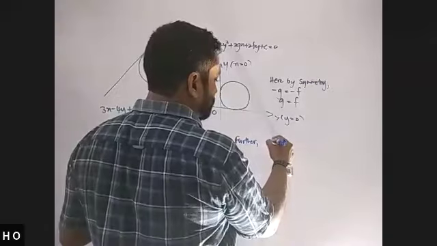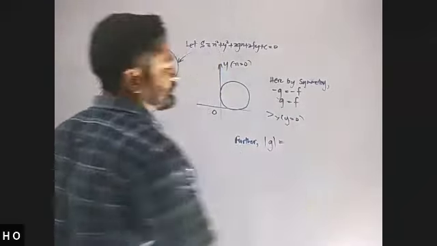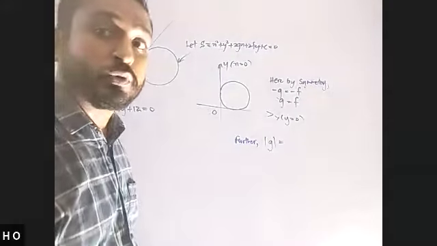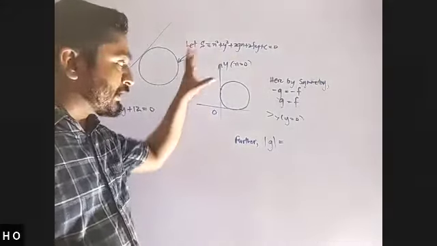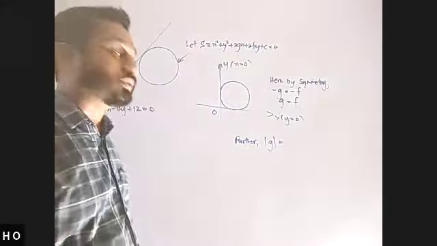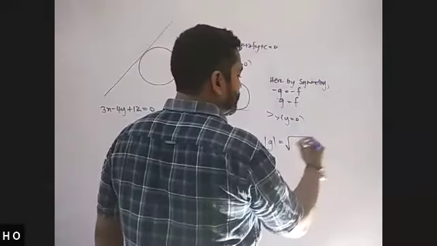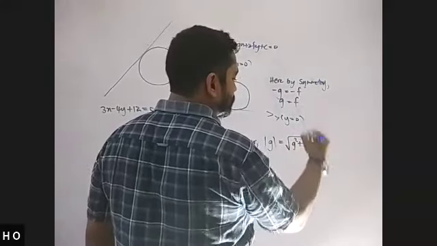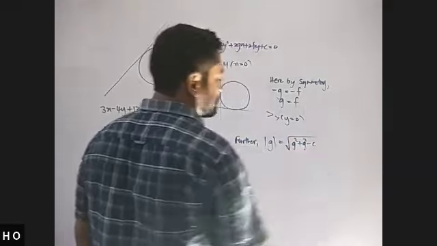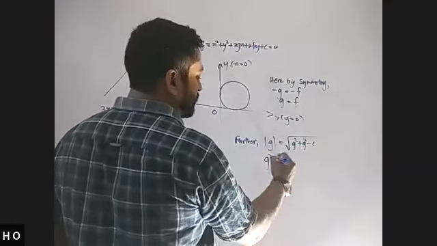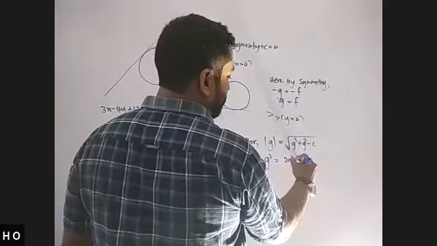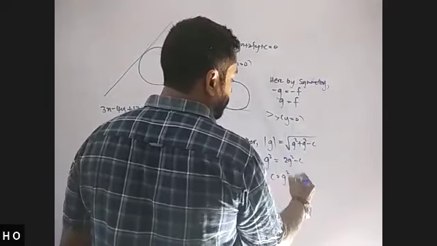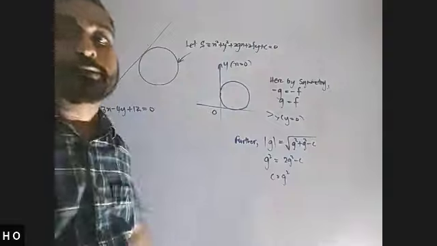So you can say further, modulus of g, regardless of the sign. We don't know about g. We just sketch it to be in the first quadrant, but we never know. So the square root of g squared plus f squared minus c is equal to modulus g. Let us square both the sides. Now you don't need the modulus. 2g squared minus c equals g squared, so c is going to be g squared.